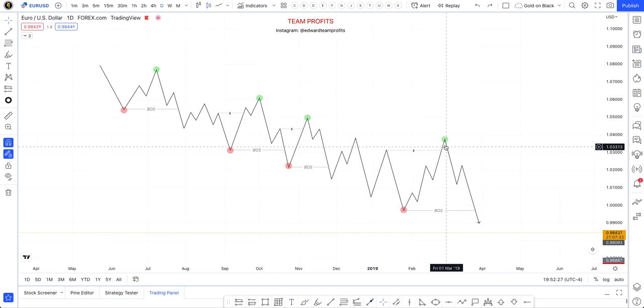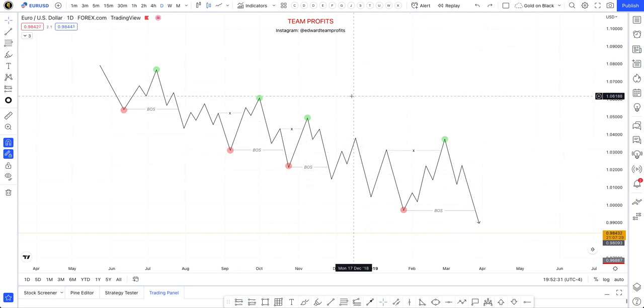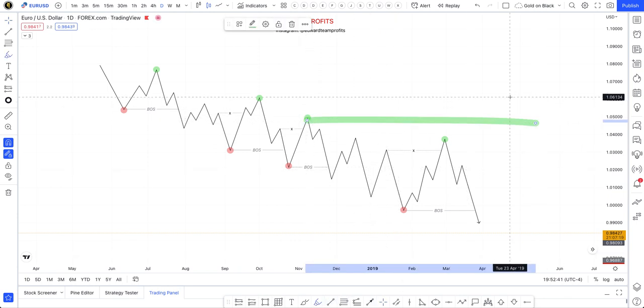So this might look like a change of character and the price will go up, but no, in reality, the market would have to break an actual high. For this to be a change of character, the market actually has to break this high. Or if the price is dropping right here, for the change of character to happen, it definitely has to be either here, or after this drop, it breaks, right?